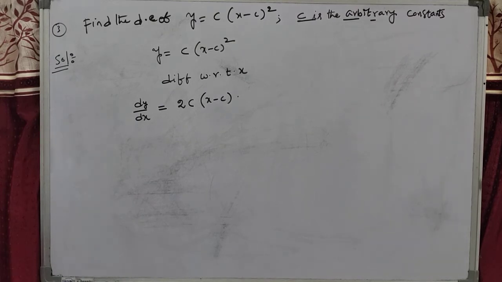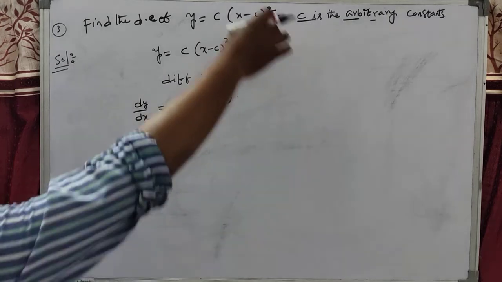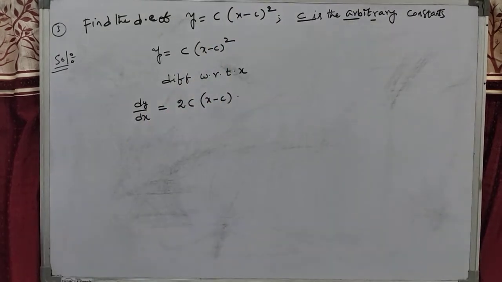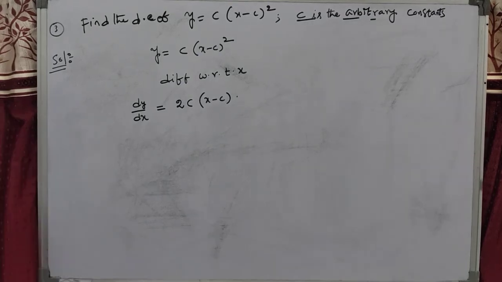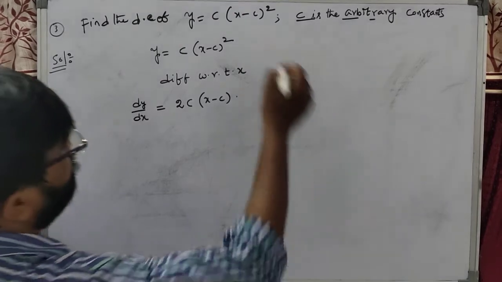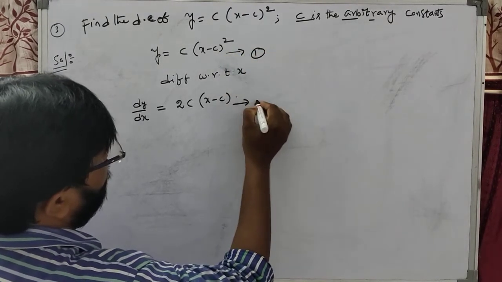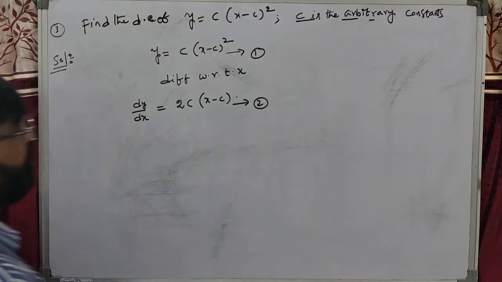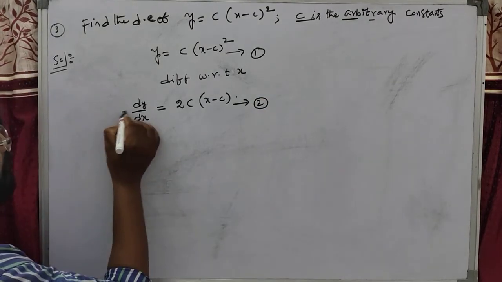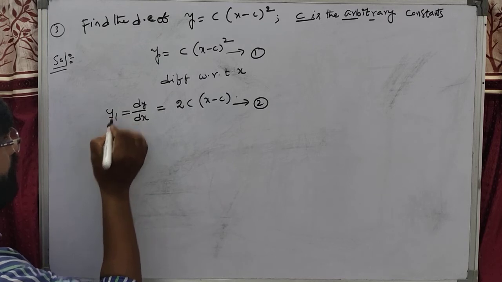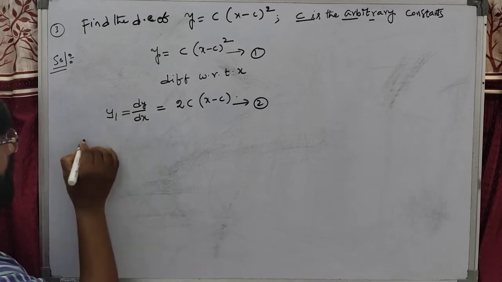Now this is taken as 1 and this is taken as 2. The dy by dx can also be written as y1.